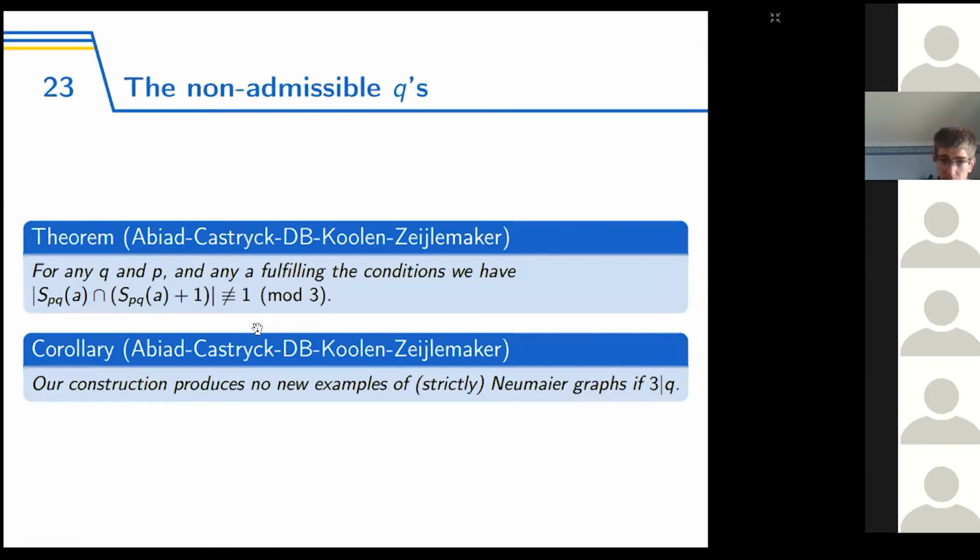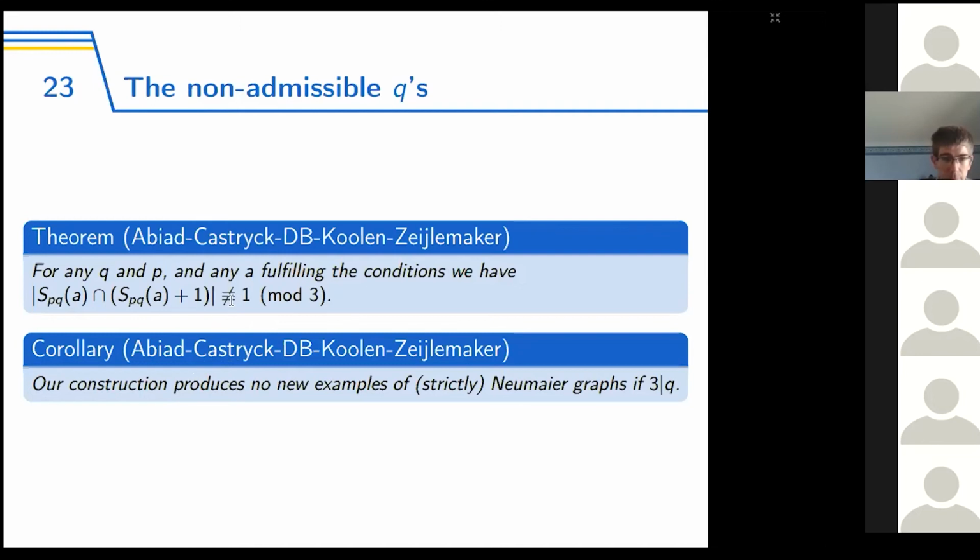And this is immediately clear if you see the following result, namely the intersection size of this power set and this power set shifted by 1 can never be 1 mod 3, just because there is some symmetry in this set. But 1 happens to be -2 mod 3. So if 3 is a divisor of Q, the construction produces no new examples of strictly Neumaier graphs. So Q must be definitely something else.